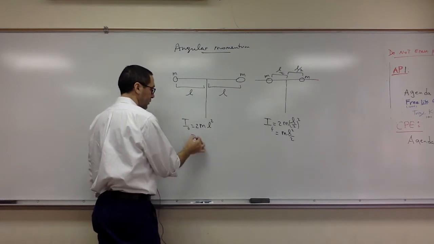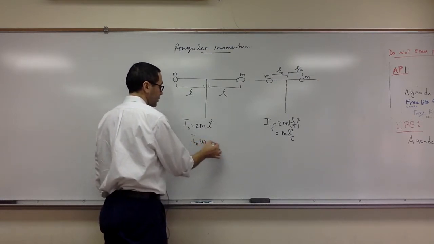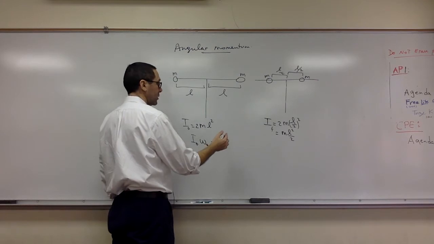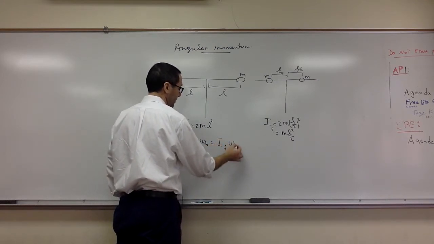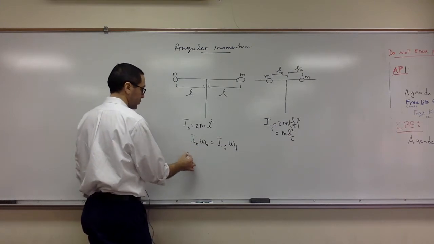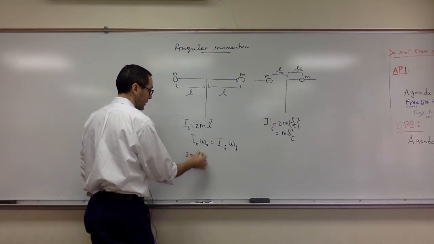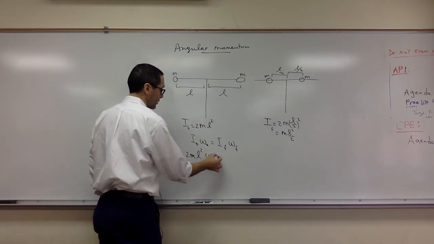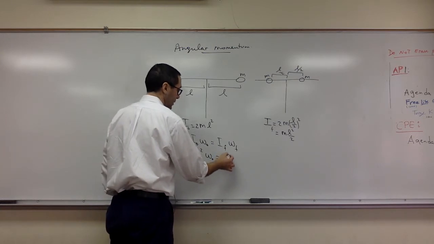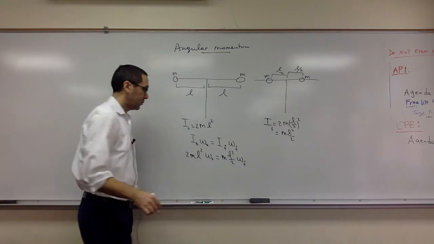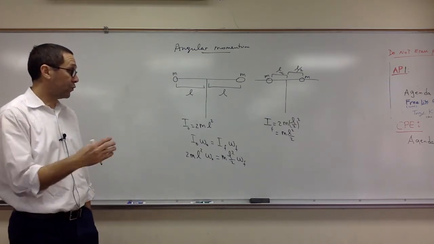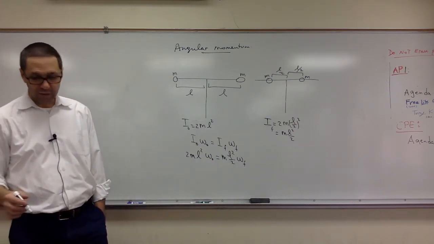If I do I initial omega initial, since there's no external torque, equals I final times omega final. Well, this is 2mL squared times omega initial equals mL squared over 2 times omega final. And you will find that omega final is 4 times as much.